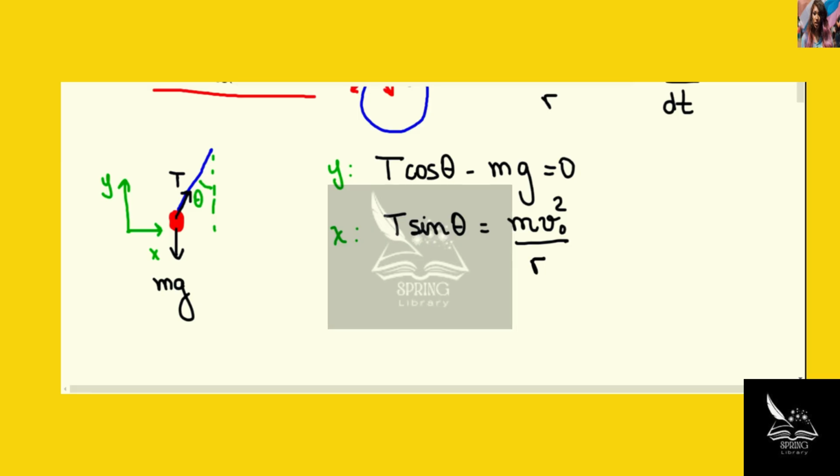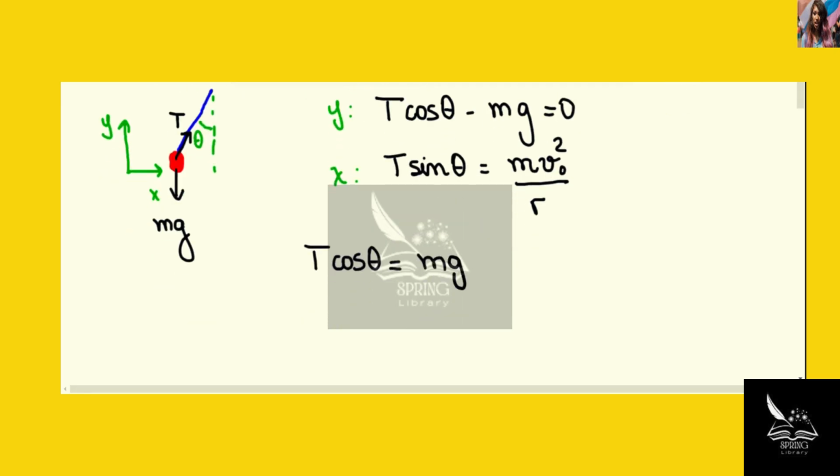Now from the first equation, we have that T times cosine of theta is equal to mg. And from the second equation, T sine of theta is equal to m v squared over r.